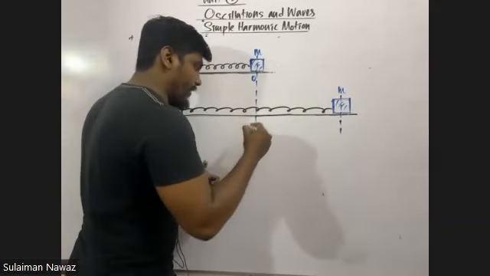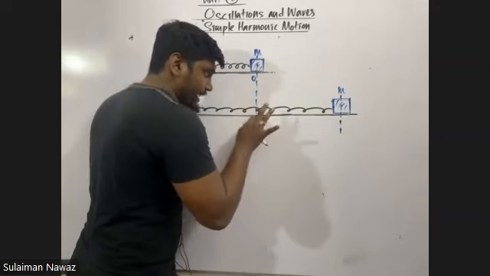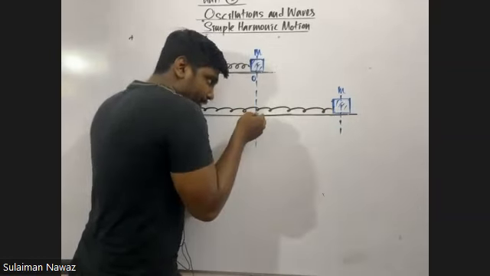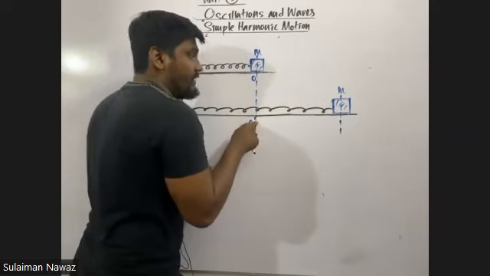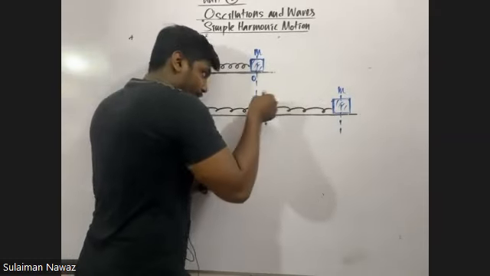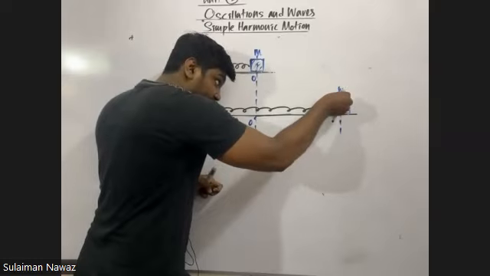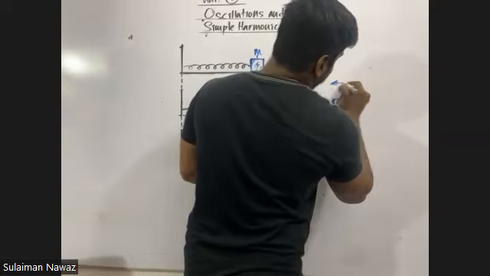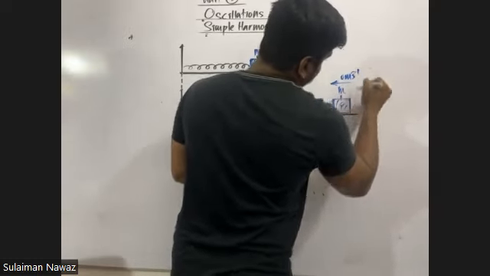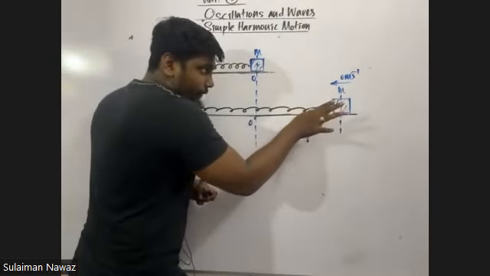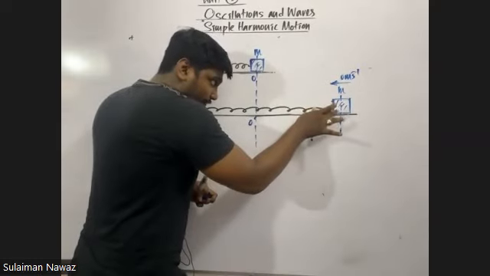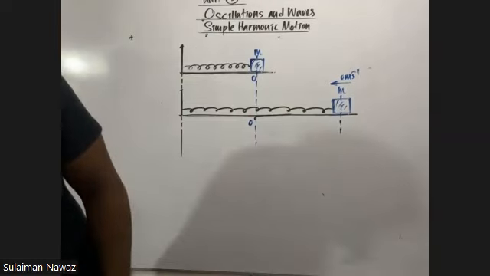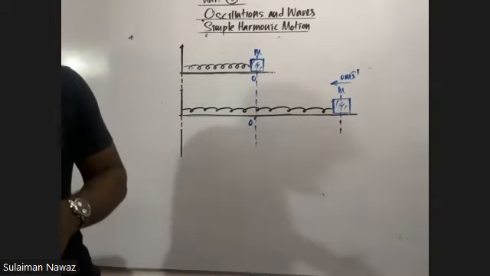What is the displacement of this object from the equilibrium point? That is the amplitude.